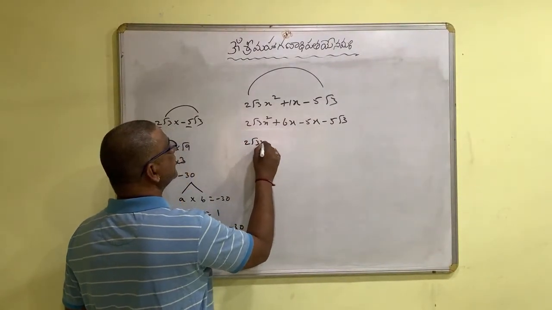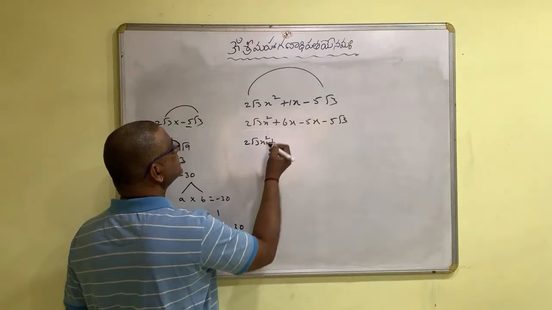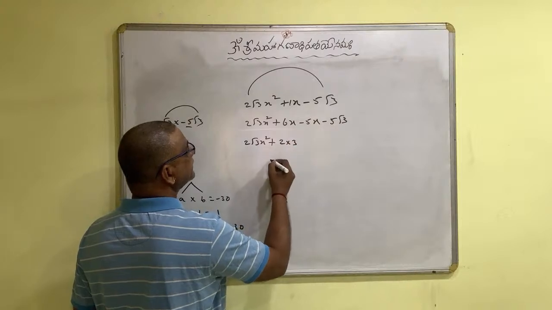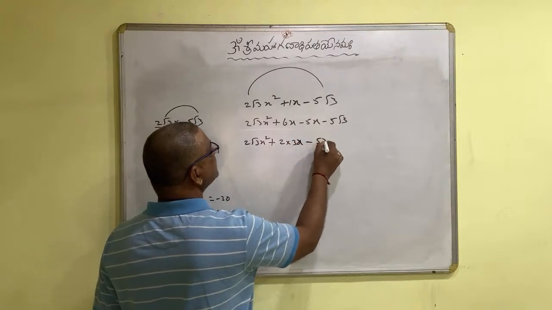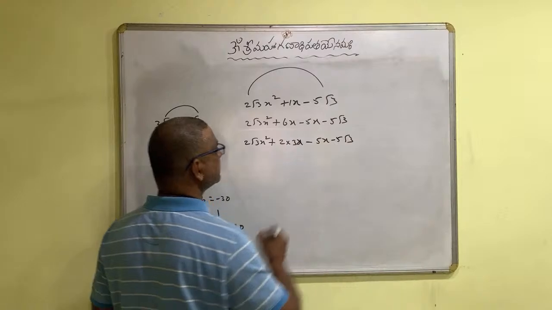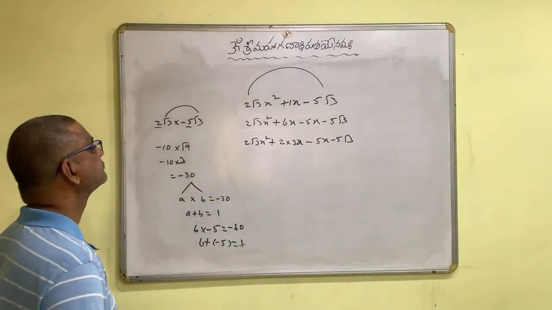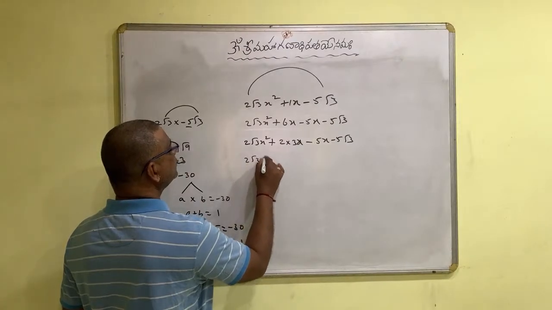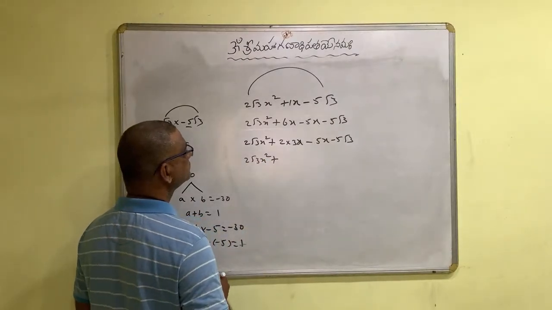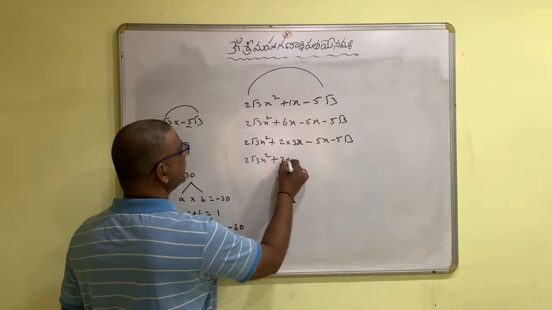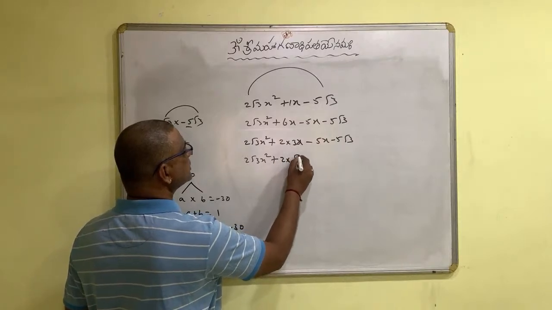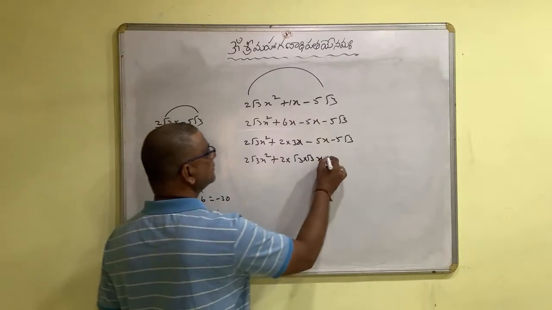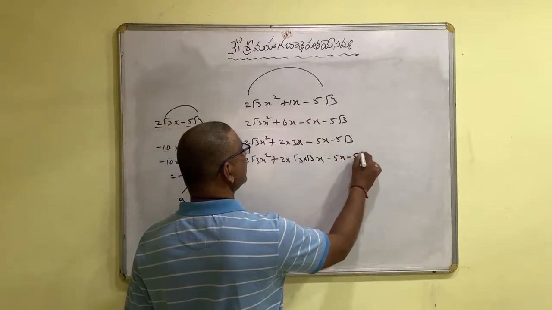2 root 3x square, I will write 6 as 2 into 3 x minus 5x minus 5 root 3. Again, 2 root 3x square, this 3 I will write as root 3 into root 3 into x minus 5x minus 5 root 3.